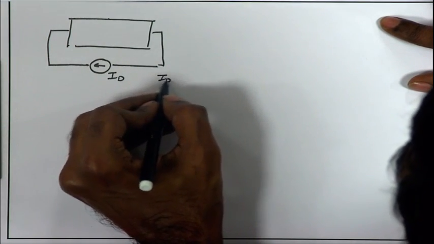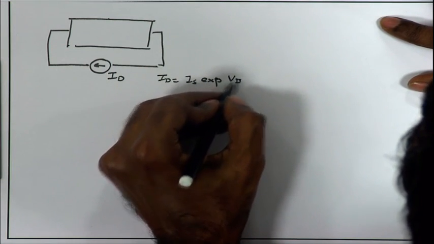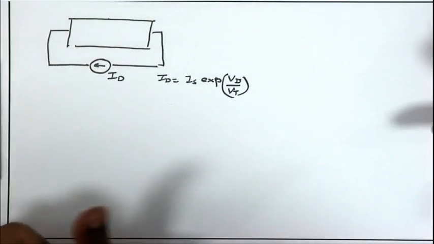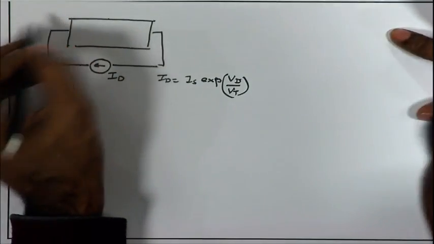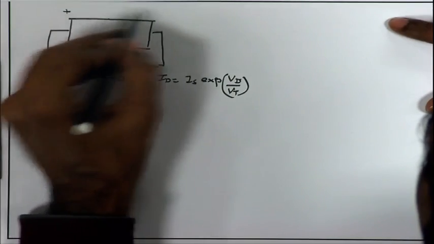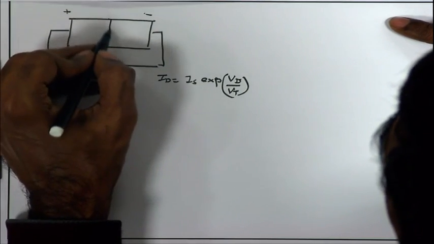So, I diode is equal to I saturation exp Vd upon Vt, which is kT by q. So, this is the approximate exponential relationship for the diode. That is going to develop some Vd across the diode, right. So, there is some Vd across the diode, suppose it is reverse biased. So, Vd is higher on the N side.